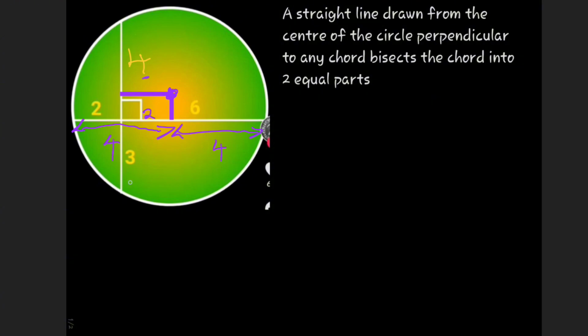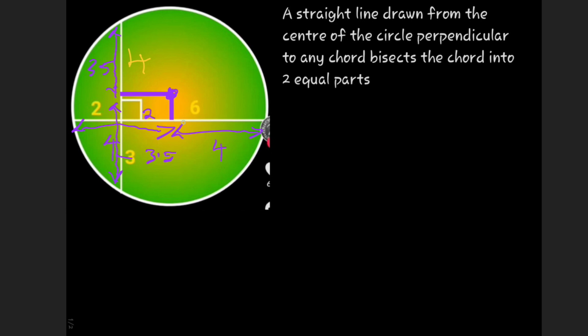We know we have 4 here and we have 3 here. 4 plus 3 gives us 7. That means the distance from here to the center is 3.5, and the distance from here downward is likewise 3.5. I hope you are following. All right, so I've gotten that.